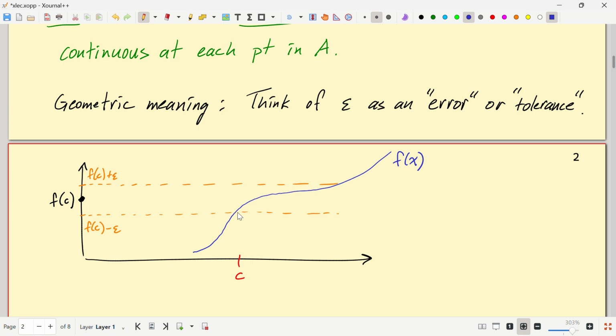But the delta is symmetric, so in this picture, the delta that would work would have to be pretty close here. And so consequently, it'd have to be close to the right, too. The f of c needs to be the center, it needs to be f of c.